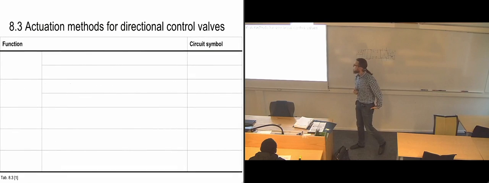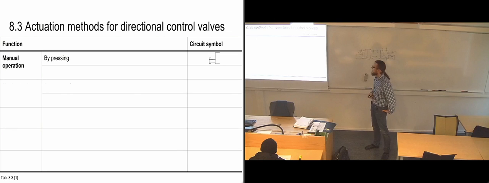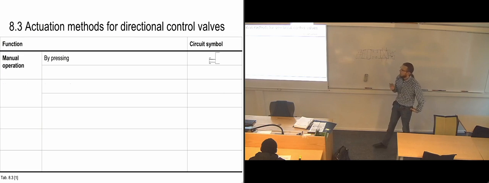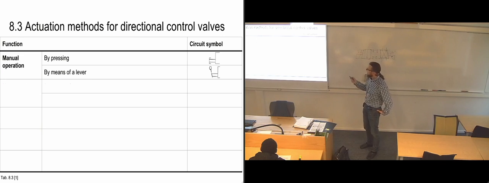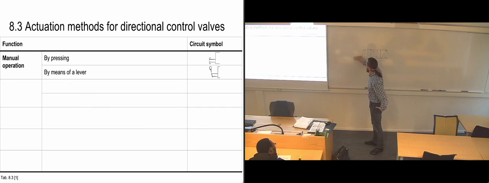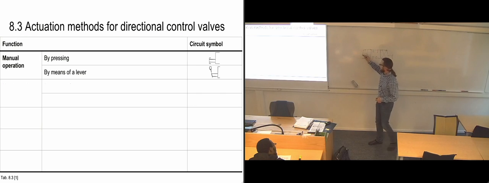So we have many different symbols for showing how we are operating or actuating the valves. So you can have a push button where you are just pressing on the push button, basically a manual operation. You can also have a lever. So for an example, in the case of this valve, if we have a push button, we're going to have a push button on both sides.